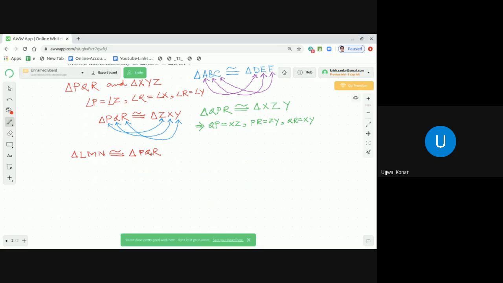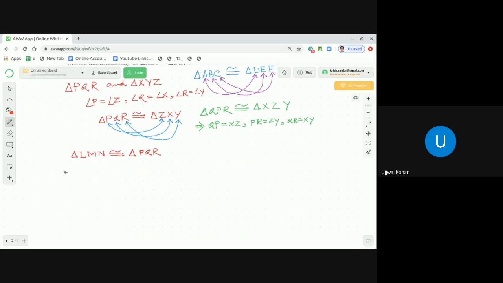The moment this information is given to you, there are 6 characteristics of a triangle. What are those 6 characteristics? There are 3 sides and 3 angles. So you can conclude that the 3 sides of triangle LMN are equal to the 3 sides of triangle PQR.